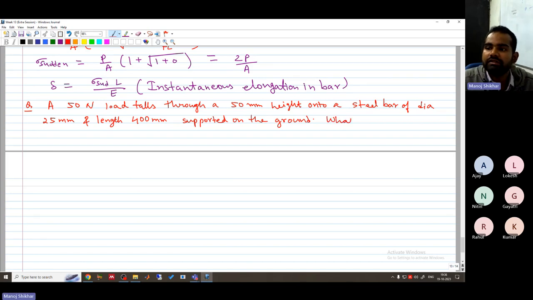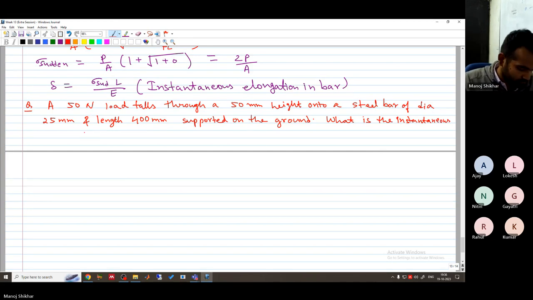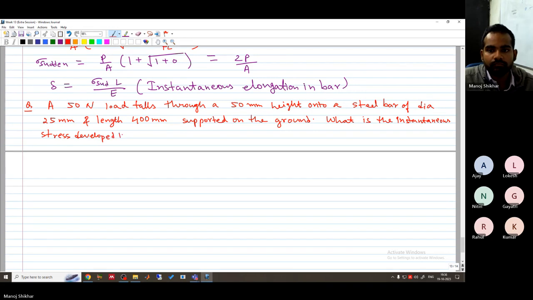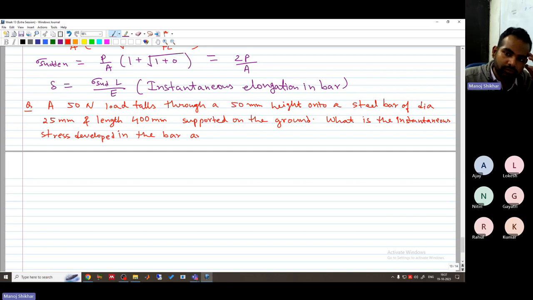Question is, what is the instantaneous stress developed in the bar and what is the change in its length?